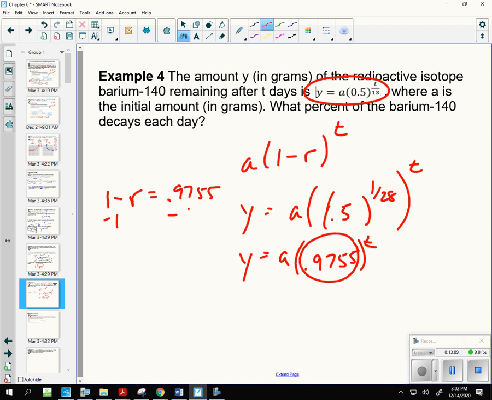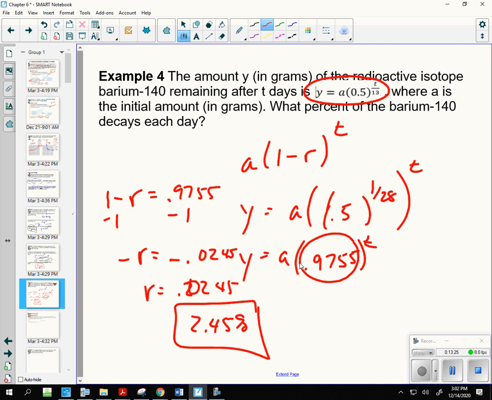If I subtract 1, negative 0.0245, and so r is equal to 0.0245 or 2.45%. So what percent of barium decays each day? Actually, every 13 days it goes down by 0.5, but they want to know what each day would be.